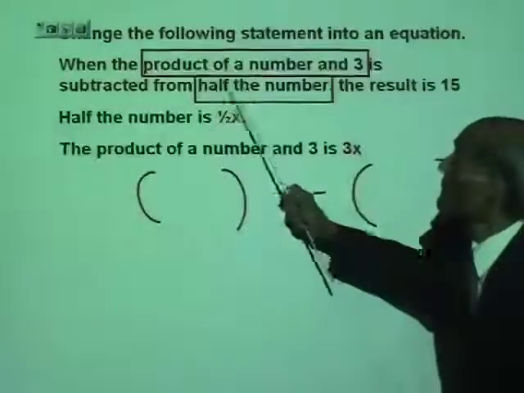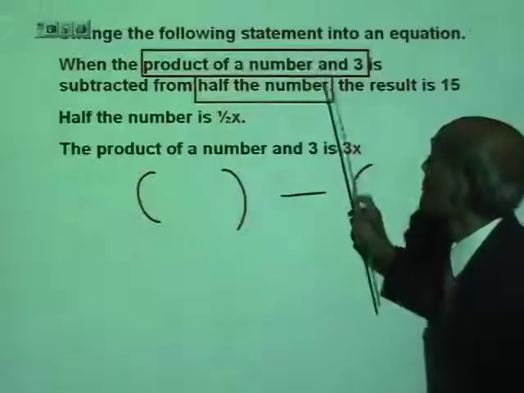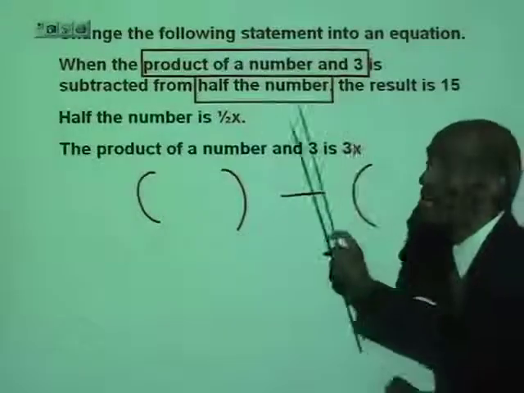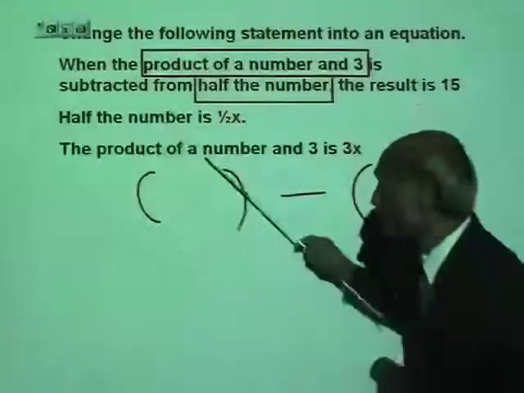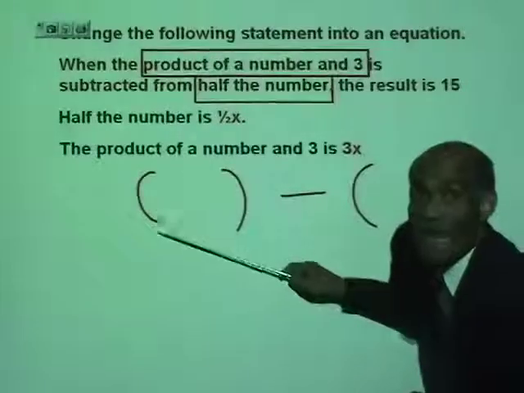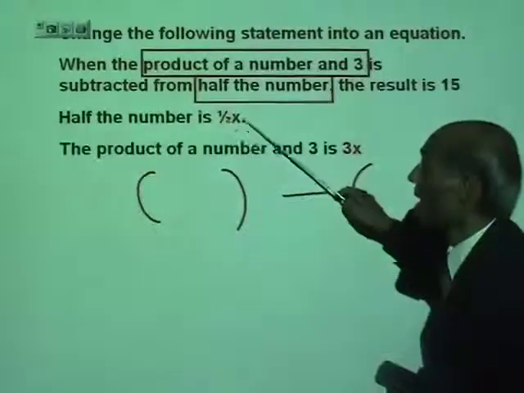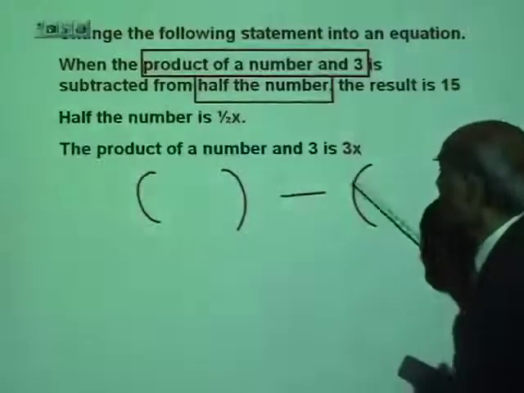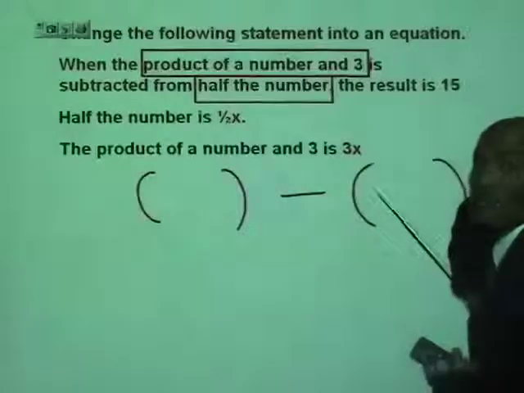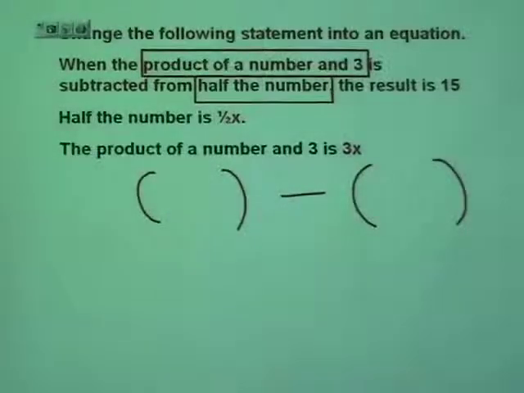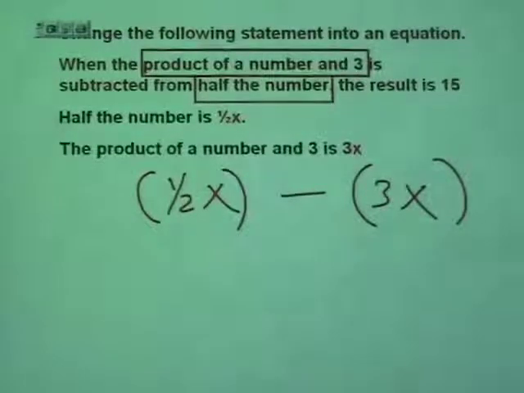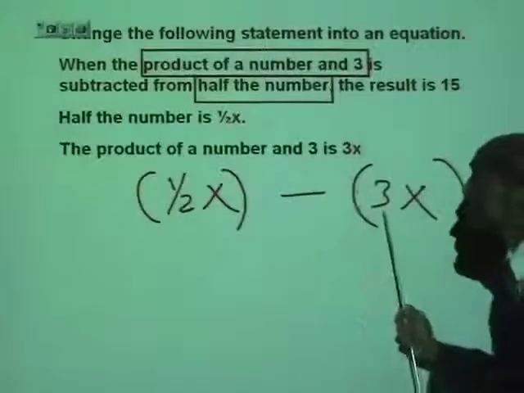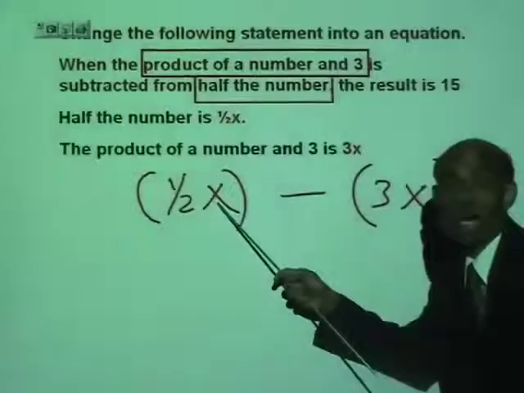Watch it again. The product of a number and 3, that is 3x, is subtracted from. Subtracted from what? 1/2 x. So 1/2 x is going to be here, minus 3x is going to be here. Is that right? I know some of you still have trouble there. Alright? So we are subtracting 3x from 1/2 x.